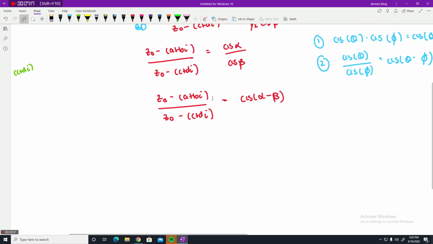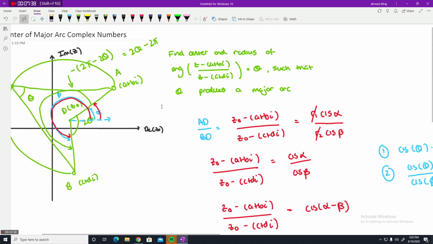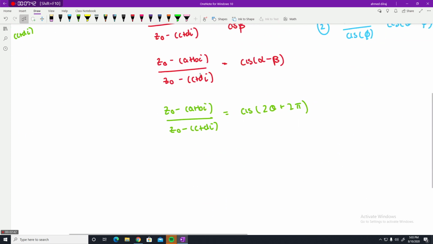So I'm going to plug that in for alpha minus beta. At this point, we can establish that z0 minus a plus bi on z0 minus c plus di is equal to cis of 2 theta plus 2 pi. Now I'm going to multiply the z0 minus c plus di to the other side.